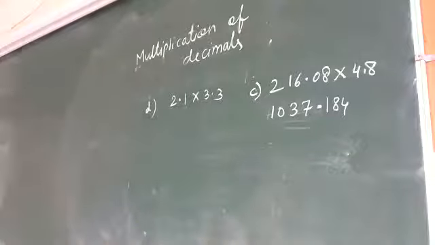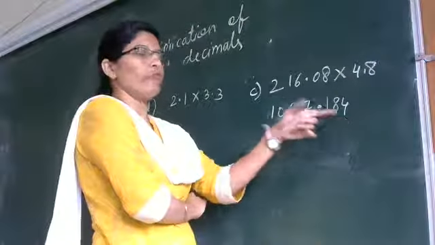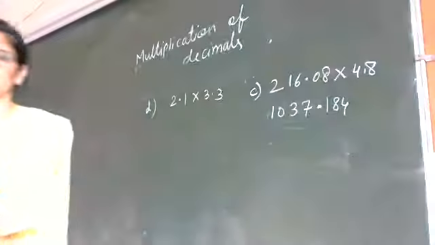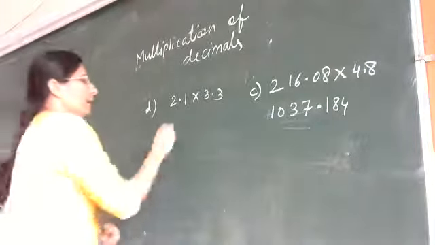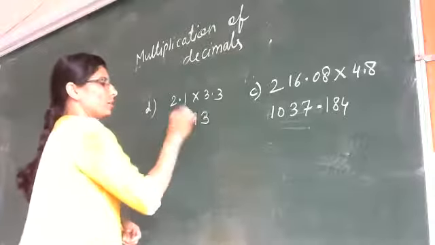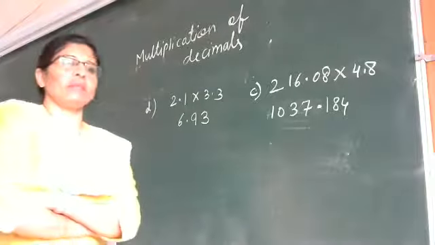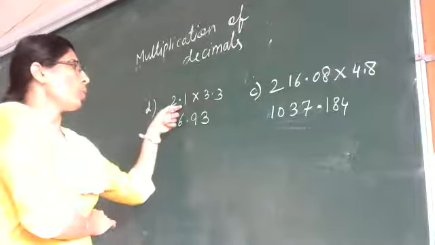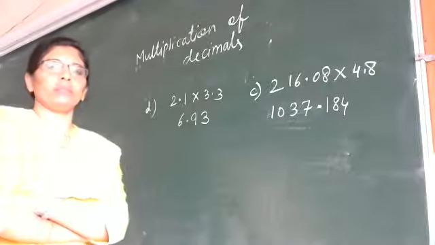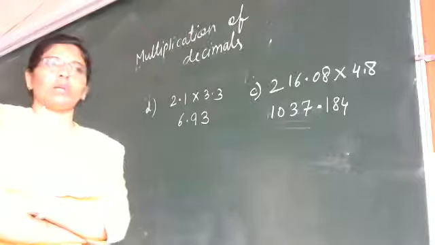Ma'am, 6.93. Yes, correct. Don't shout. Let the other children solve. See, it's 2.1 into 3.3. 6.93.